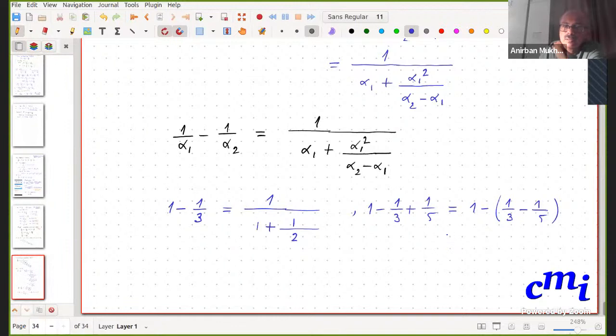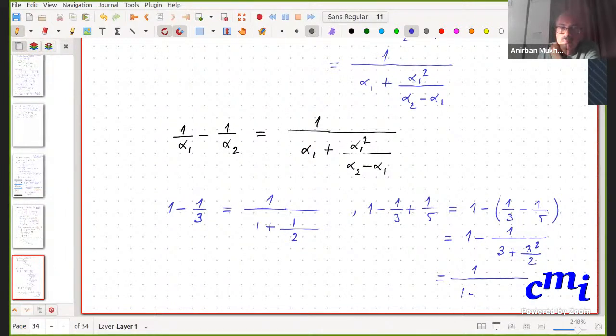So use the formula for the bracketed expression: 1 minus 1 by alpha 1, so 3, plus 3 square by the difference, which is 2, and then use it again. So if you use it again, then what you have is 1 by alpha 1 is now 1.